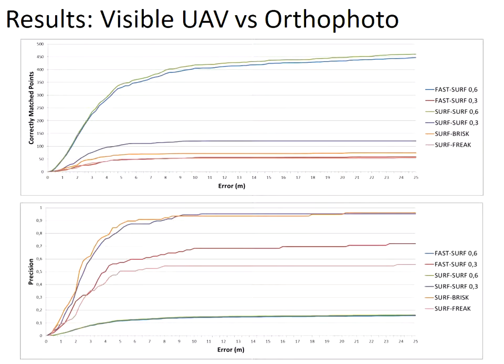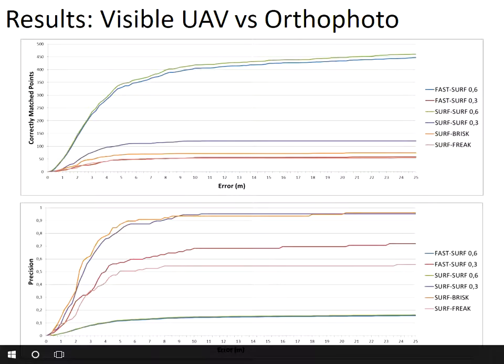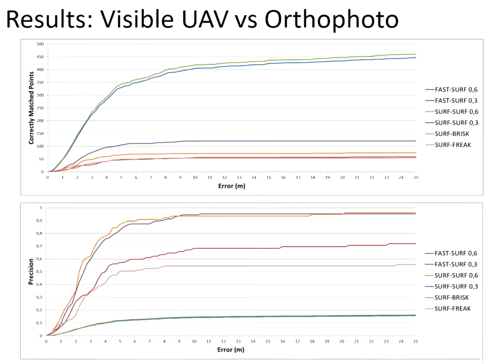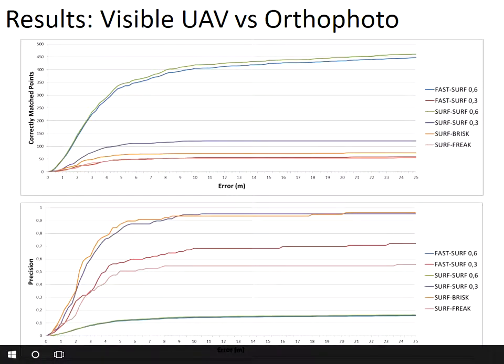In order to check how well we're performing with these detectors and descriptors, we decided to plot the precision and the number of correctly matched points against the geometric error we are acquiring. This way we can have, from the very beginning of the analysis, a clear idea of the kind of errors we will find.